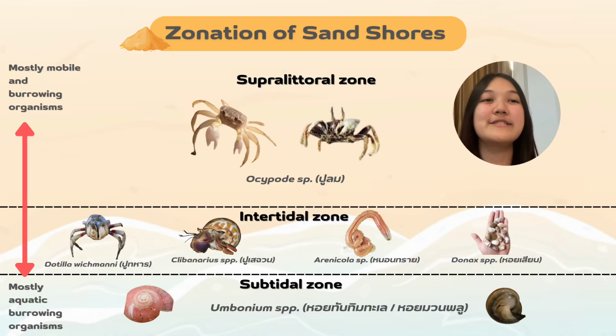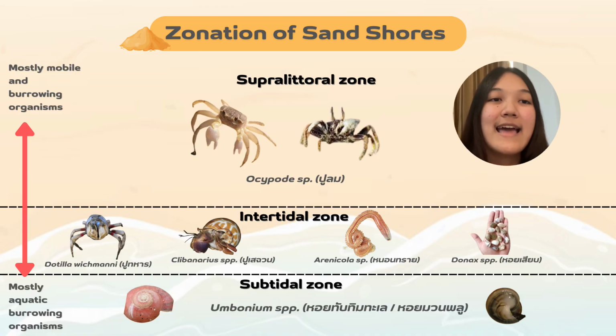This slide shows the zonation of sandy shores, which are divided into 3 zones. First one, the supralittoral zone is rarely covered by seawater, so organisms like ghost crabs live here and can tolerate dry conditions. Second one, the intertidal zone is affected by tides.